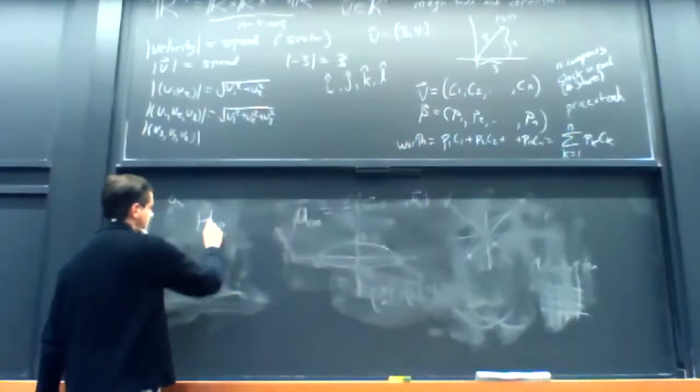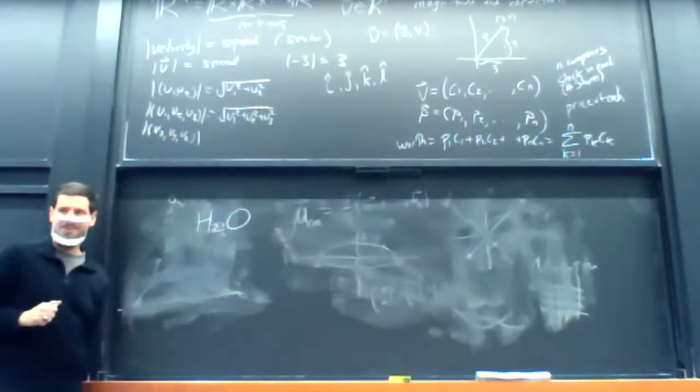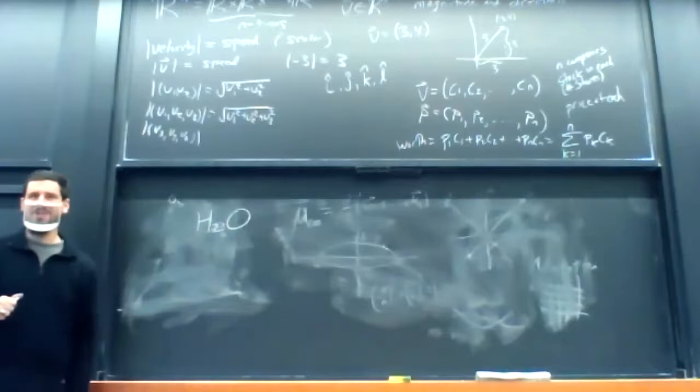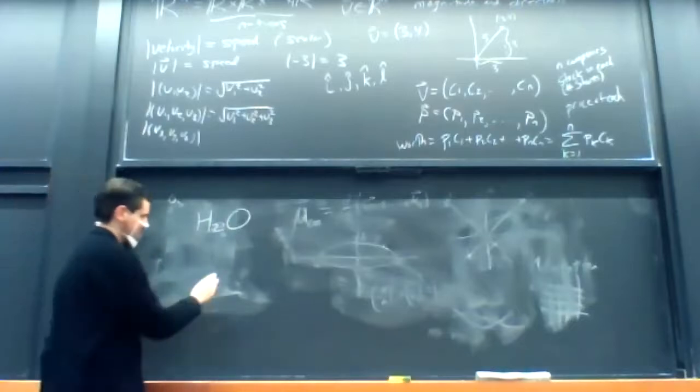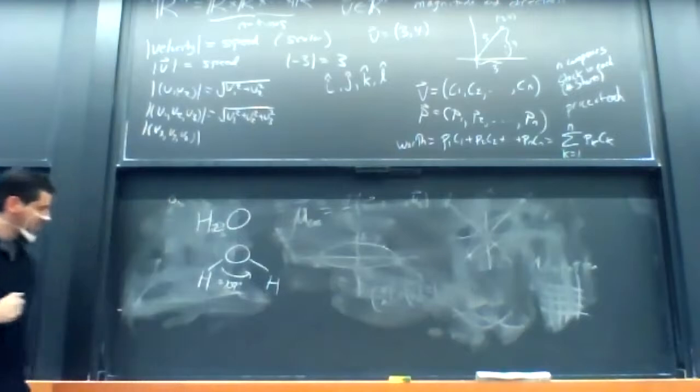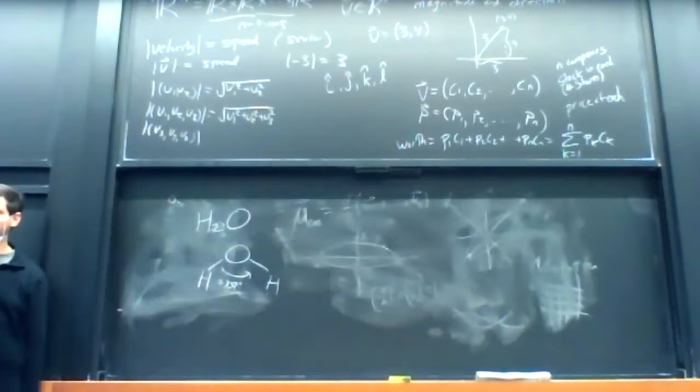Okay, so water is H2O. How does the water molecule look? It's a bent shape. O. It's about 109 degrees. That's right, it's been a long time. Is it not right?